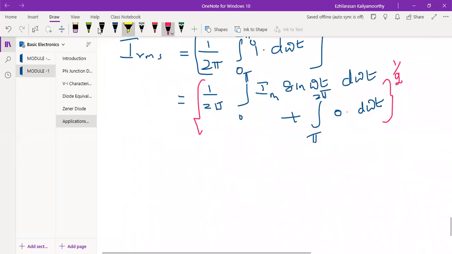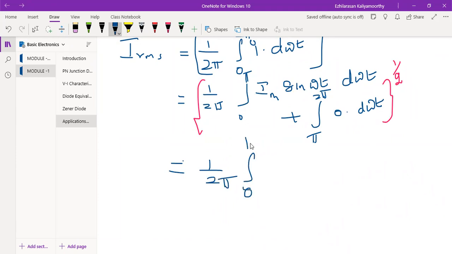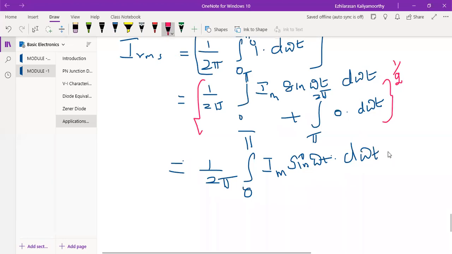So now let me write 1 by 2 pi, integration of 0 to pi of I m sine omega t into d omega t, then the whole power 1 by 2.